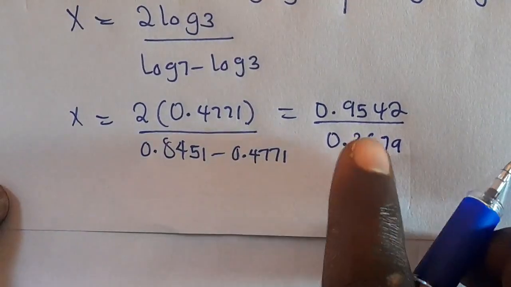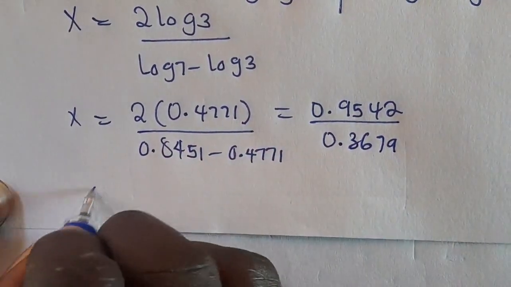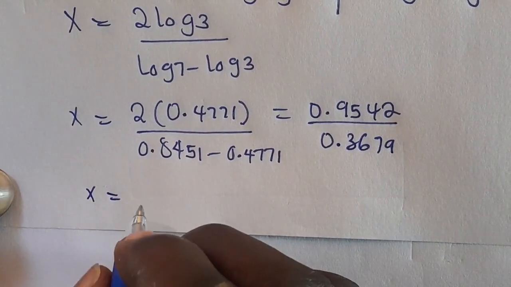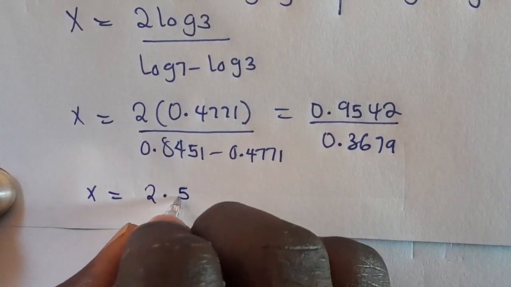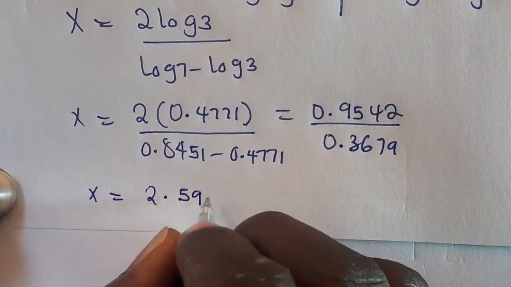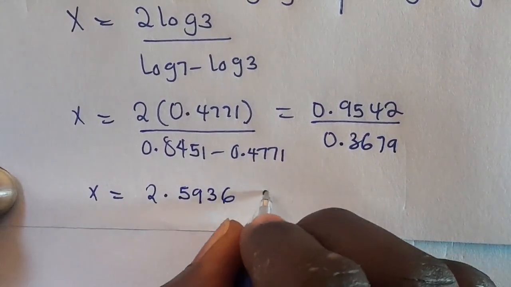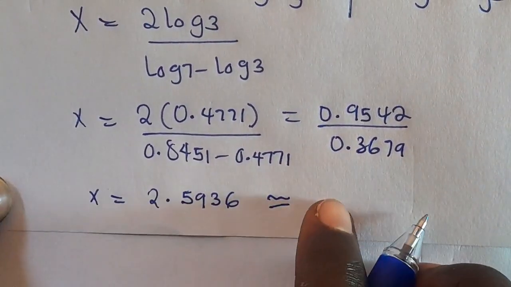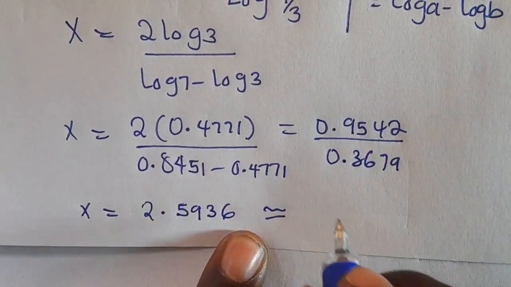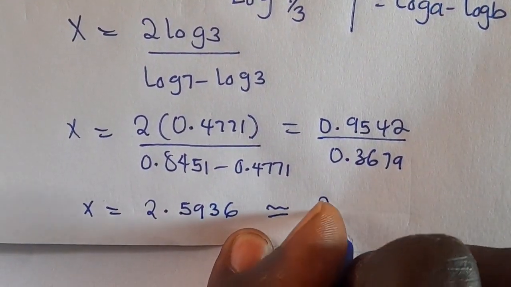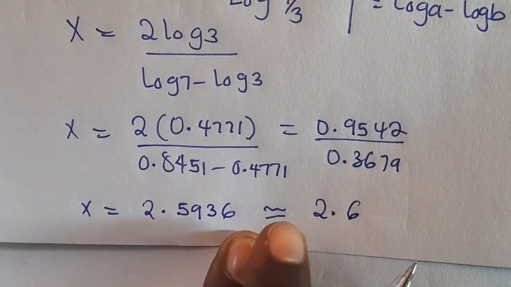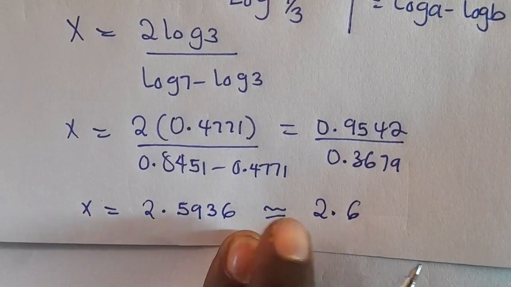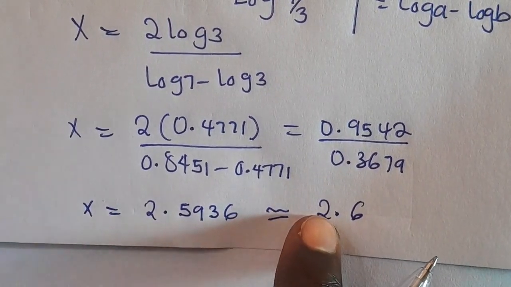So when you divide this by this one, we have our x to be equals 2.5936, which is approximately equal to 2.6.